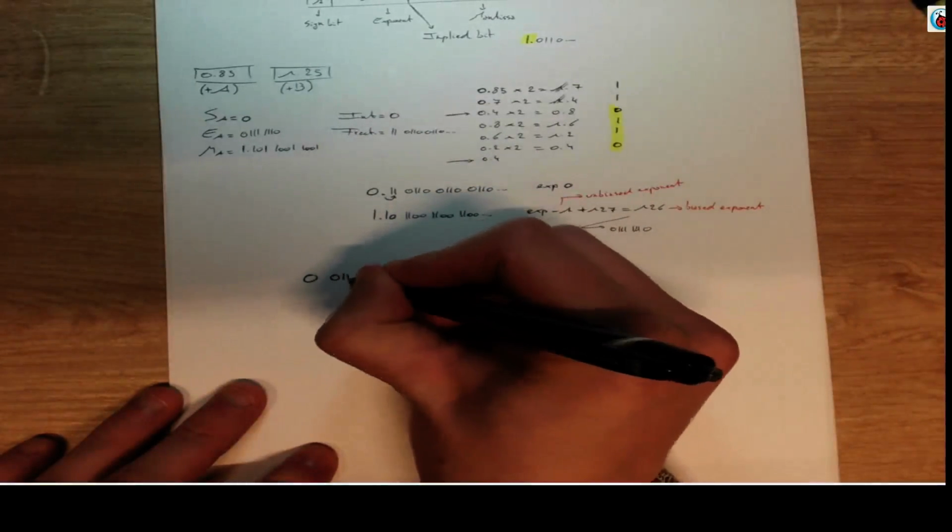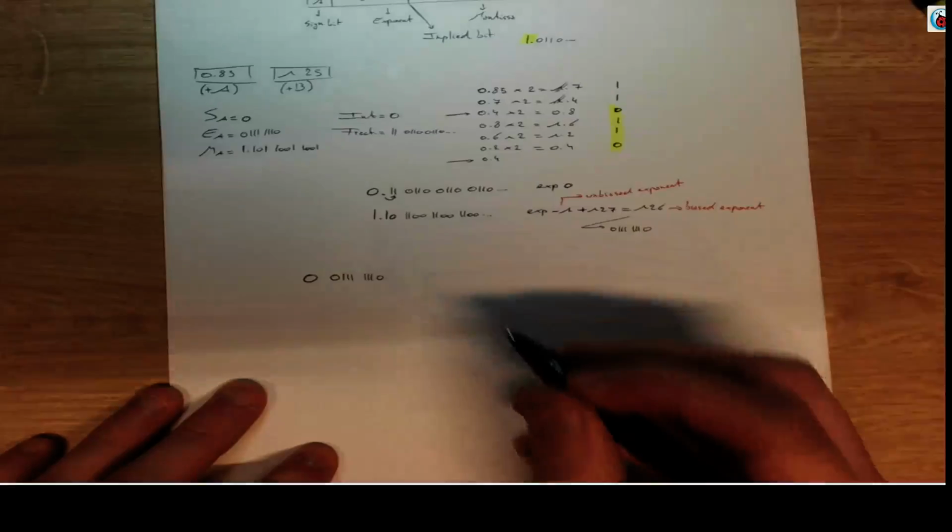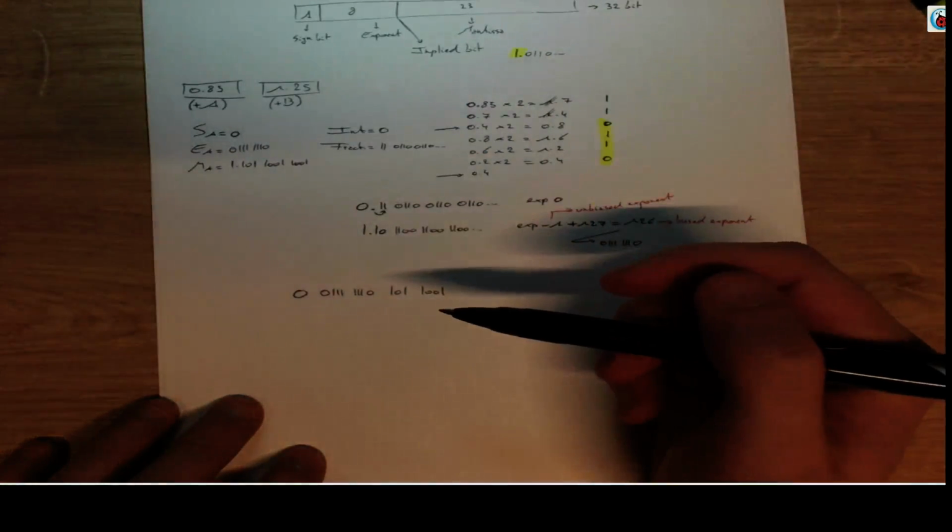What we do then is we write everything next to each other. We start with the sign bit, which is 0, then the exponent, which is 0, 1, 1, 1, 1, 1, 1, 0. And then I write down the mantissa, but don't make the mistake: you have to write it down without the implied bit. So I write 1, 0, 1, and then I'll repeat until I have my entire 32-bit representation of the number.